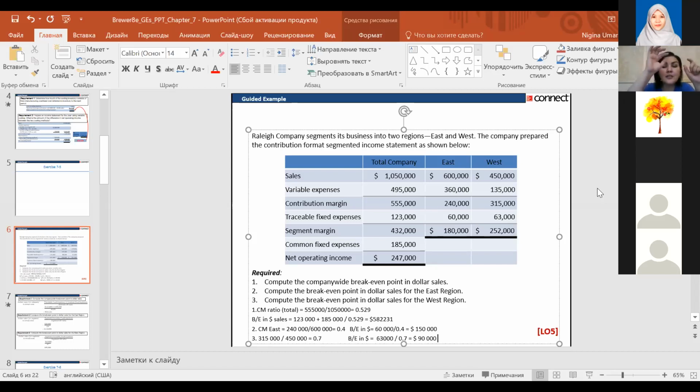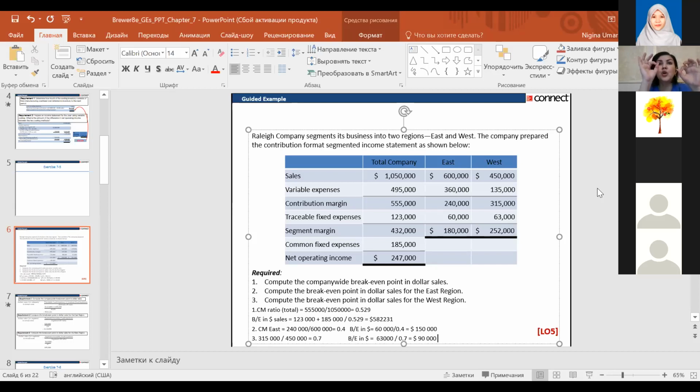If sales revenue is less than 90,000, then the company will make a loss. So, got the point? Okay. 90,000 is just enough to cover variable cost and fixed cost, and profit is 0. So this is the break-even point, when profit is 0.